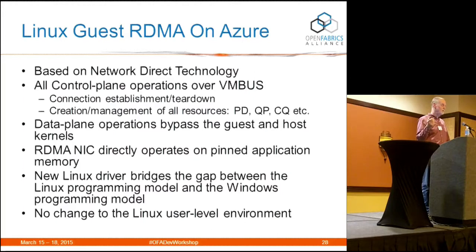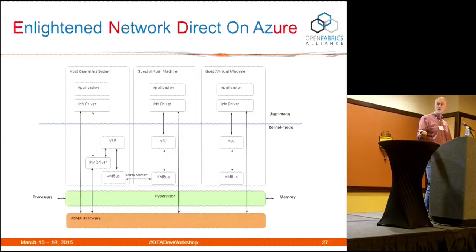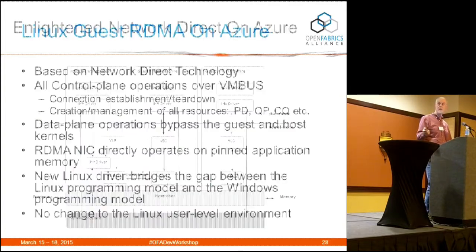It puts all control plane operations over the VM bus, just like the Endure service does for network direct. So connection establishment, teardown, creation, and management of all these privileged resources happen over the VM bus. That's this little guy right here, where it talks to the host OS for permission, if you will.